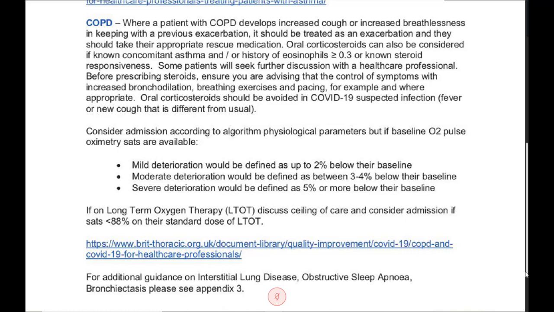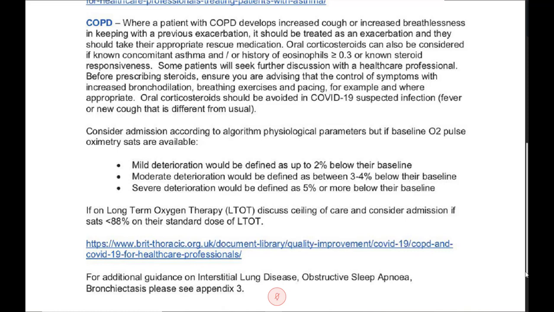However, if they do not have COVID symptoms and they have a known steroid responsiveness, i.e. they've responded to oral steroids in the past, they have a past history of possible asthma, or going through your blood tests they have had an eosinophilia greater than 0.3, then you should consider giving them a course of oral steroids at that time.